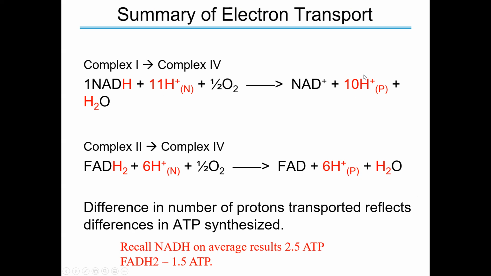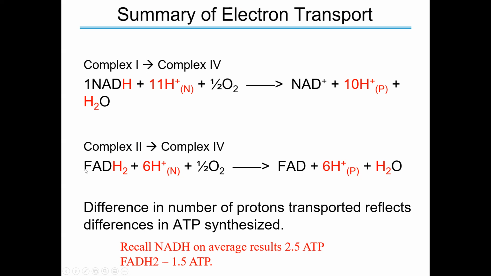You can see that you are pumping 10 protons into the P side. You are utilizing about 11 protons on the N side. If you are bringing in complex 2, which means from succinate to complex 4, so succinate through FAD to finally Q and finally molecular oxygen at complex 4, this is your half reaction.